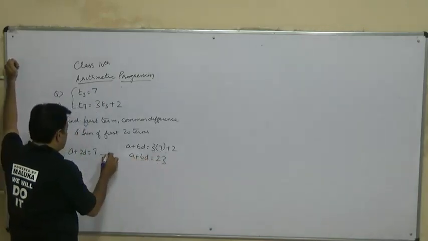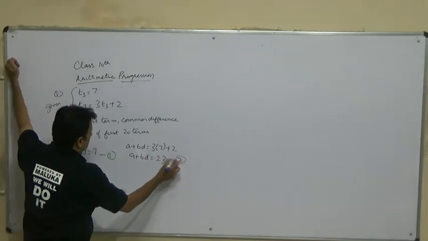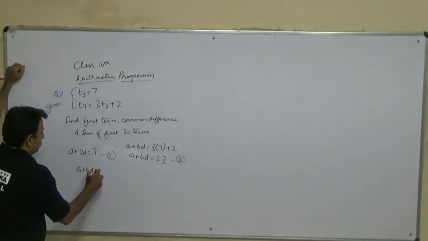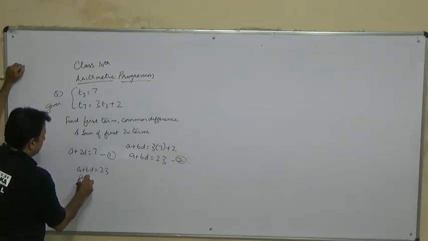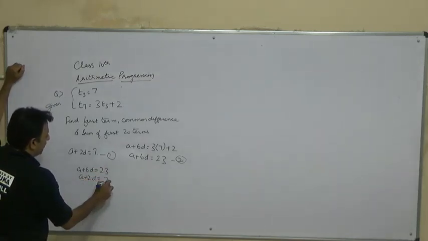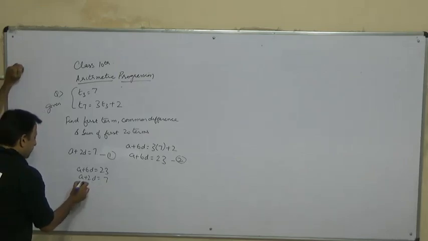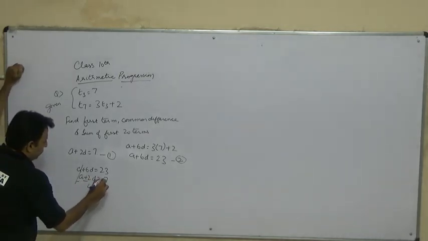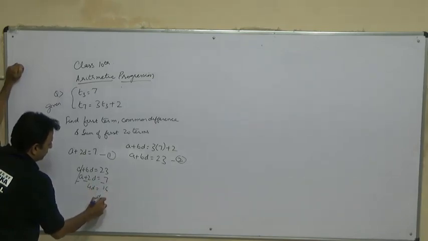So this is the first equation, this is the second equation. Solve these two equations: A plus 6D is equal to 23, A plus 2D is equal to 7. Subtract them, and A will cancel out. 4D is equal to 16, D is 4.